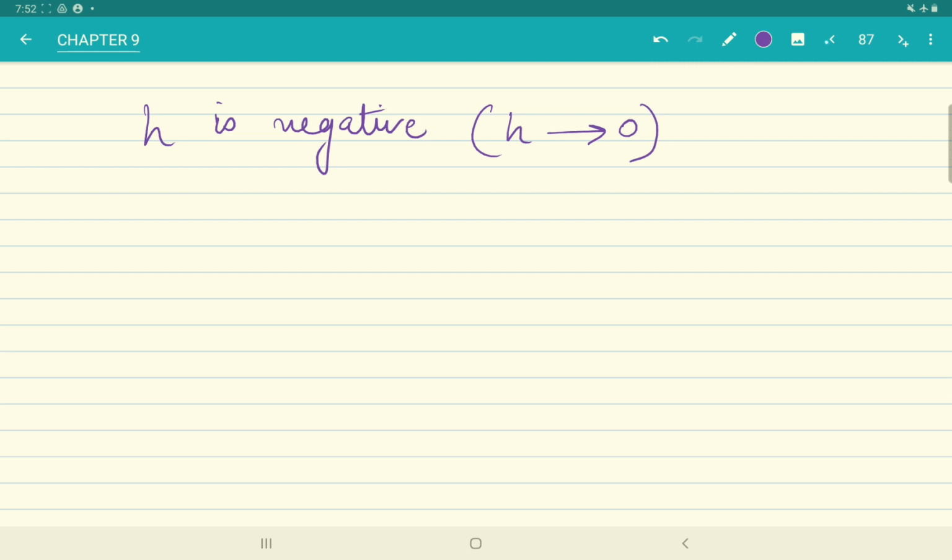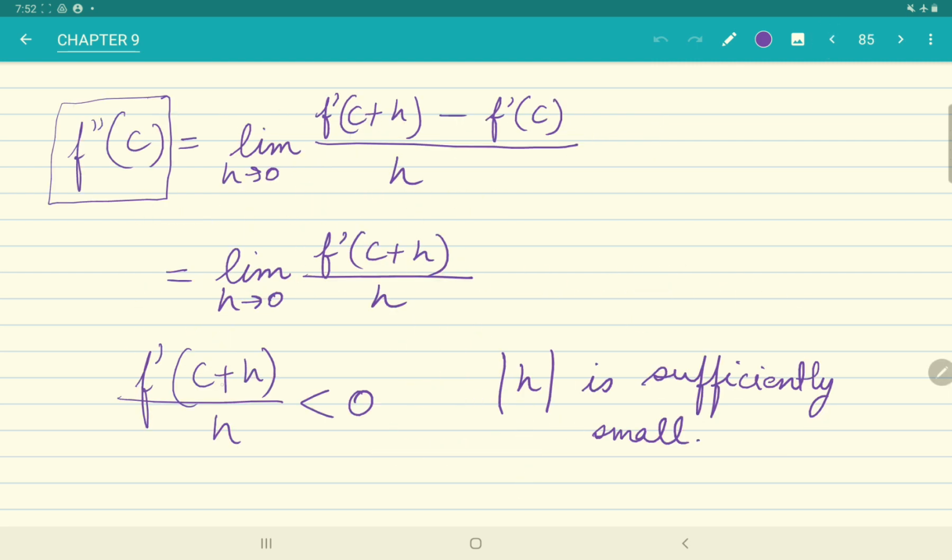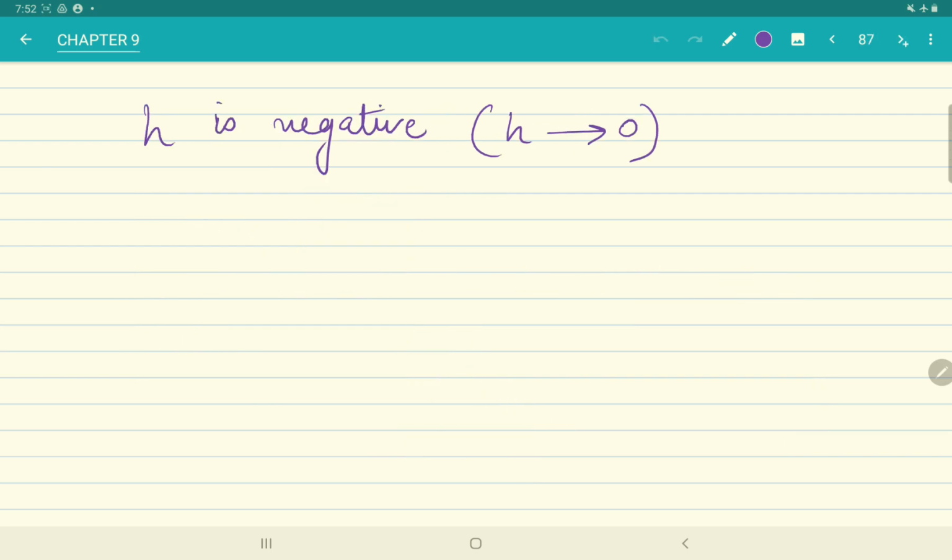That just means if I take a look at this, f prime of c plus h divided by h is negative. What does that mean? If h is negative, in that case, f prime of c plus h has to be positive.